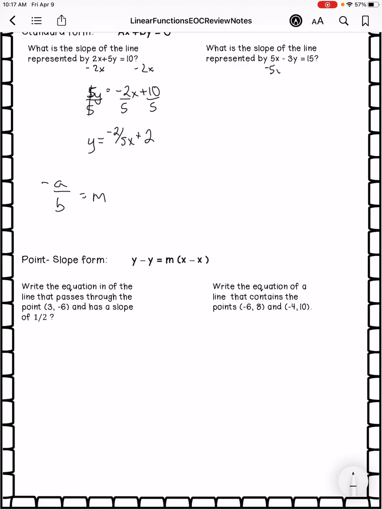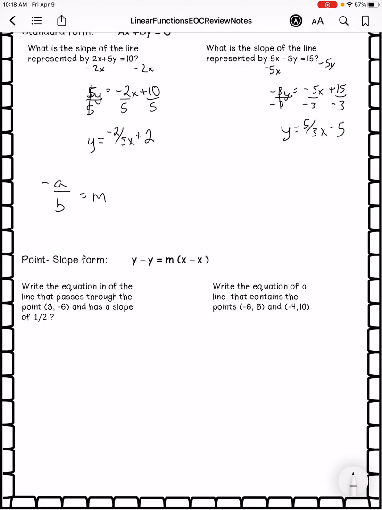You could have moved 5x to the other side by subtracting to get -3y equals -5x plus 15. Then you could have divided by -3. So that leaves you with y equals 5/3 x minus 5. And so our slope would be 5/3.